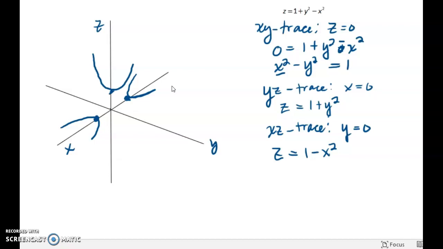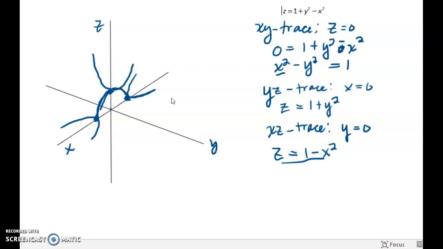It's also a parabola. Its x-intercept is 0, its z-intercept is 1, so it's the same point. But this one opens downward, and it's in the xz plane. It's actually going to pass through these points here. If you look carefully, you'll see that the x-intercepts of this parabola are 1 and -1.